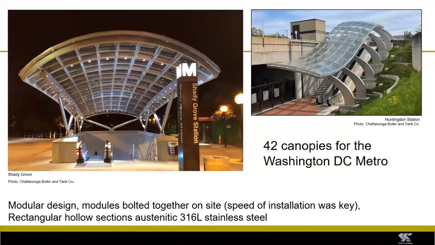I like this because every canopy is slightly different depending on the requirements of the given station. And a modular design has been adopted. So the modules are bolted together on site and they're delivered in as large as possible modules as can be delivered. So they're rectangular hollow sections, and I think rather beautiful designs. I think they've commissioned more than 42 now, actually.